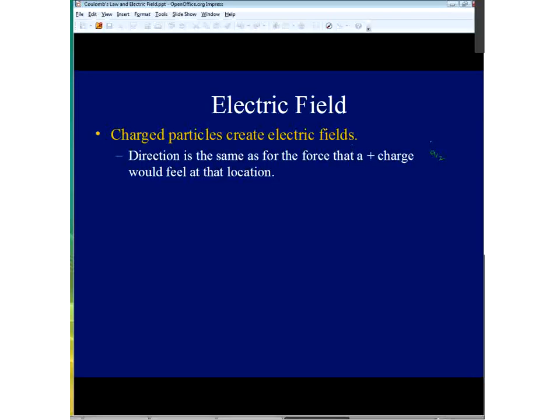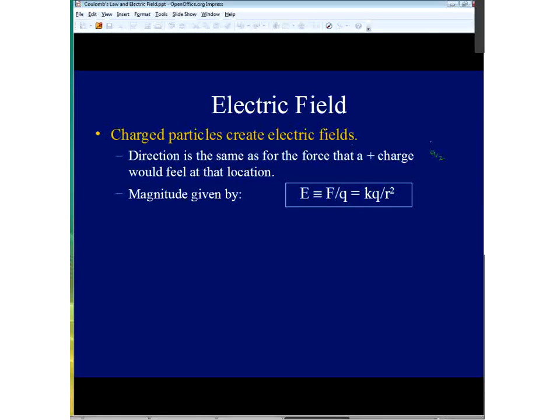So you can always talk about the field due to such shapes at a particular point. At that point you will place Q2, a test charge which is positive. See what vector F is there. Divide that vector F by the test charge. So force divided by the test charge.